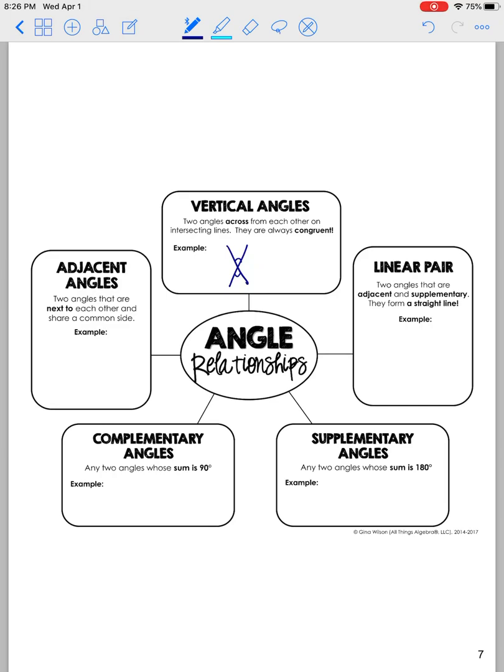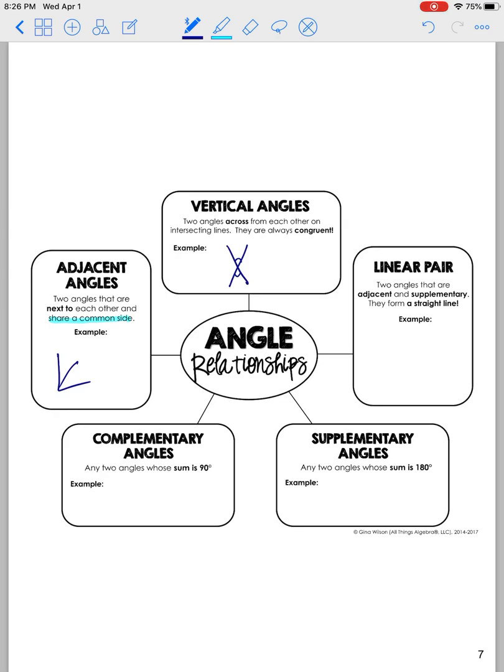Adjacent angles are angles that are next to each other and share a common side. So that is the key there. They share a side. It's like next door neighbors who share a fence. Those would be adjacent, and vertical would be neighbors across the street from each other.